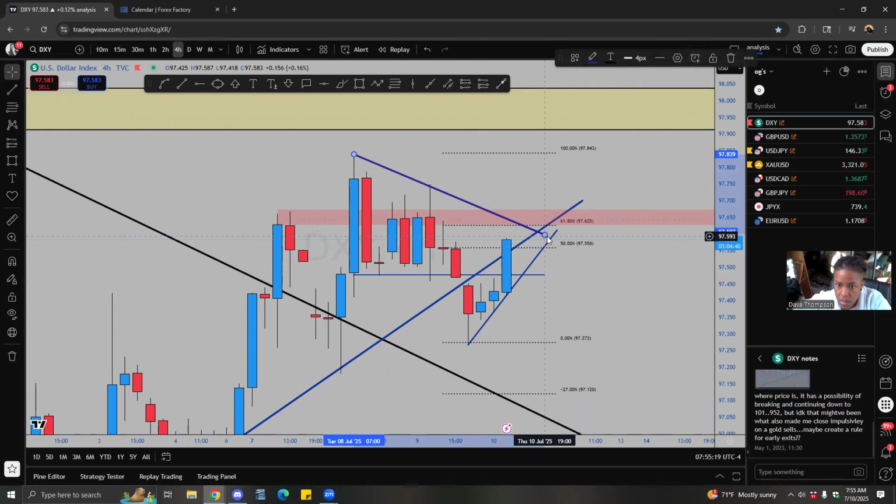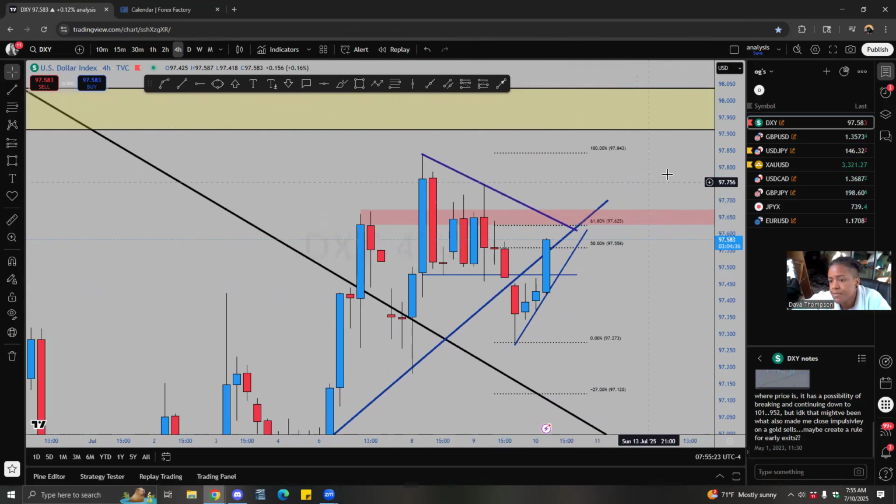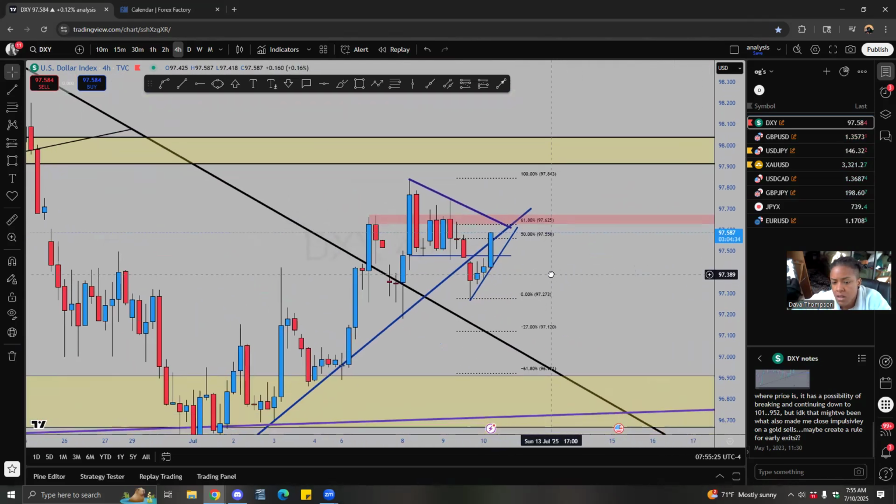So, with that being said, I think that if price comes into this level, what I'm going to be looking for is just a double top on like the 30-minute, even the 15-minute, right?